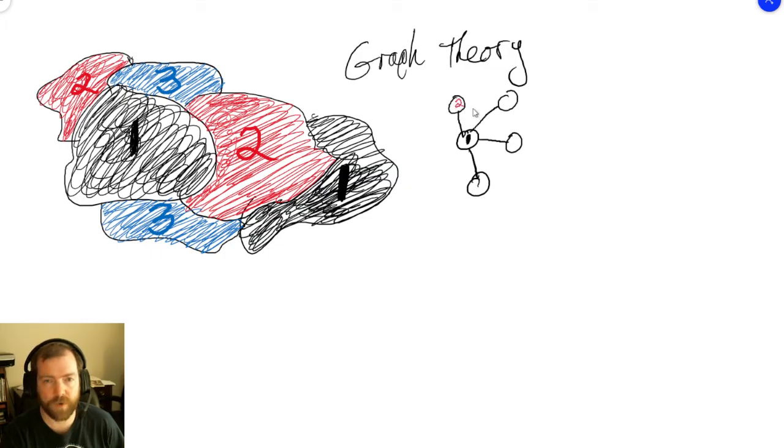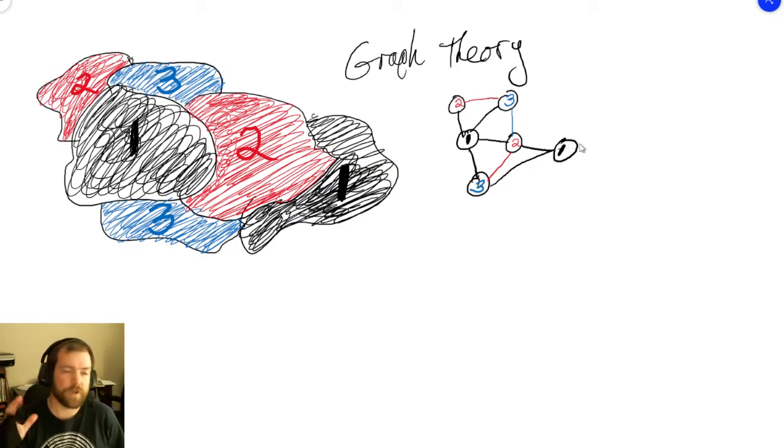A country 2 here, which was connected to a country 3 over here, connected to a country 2 over here, connected to a country 3 over here, and both country 2 and 3 at the bottom here are connected to a different country 1 down here, or a country having color number 1.